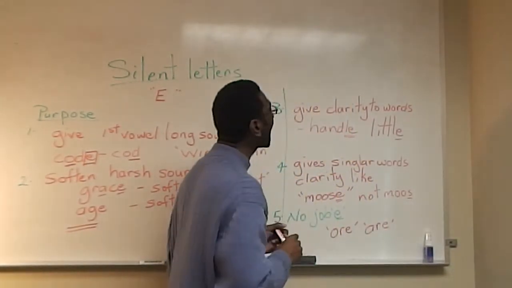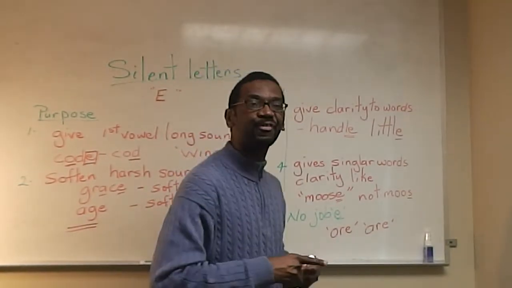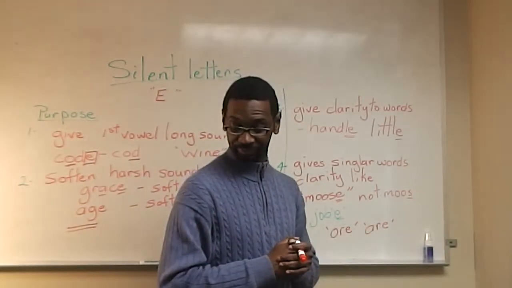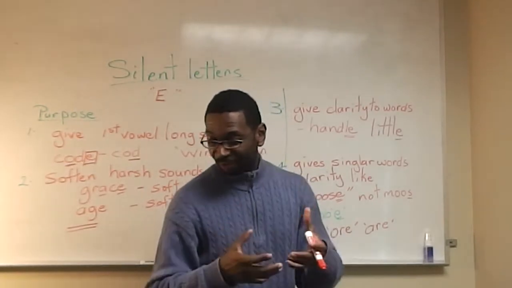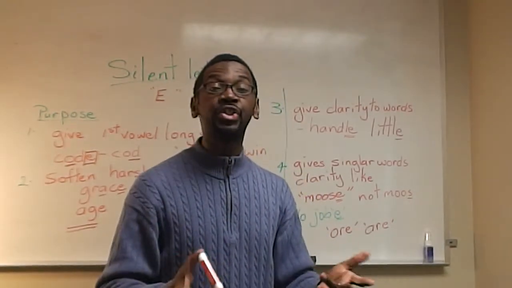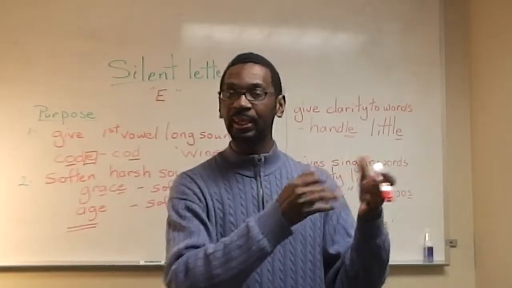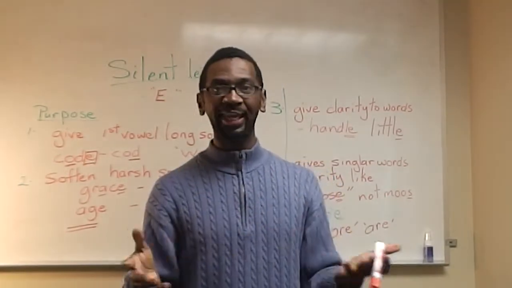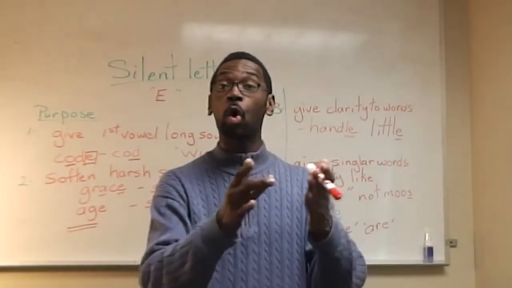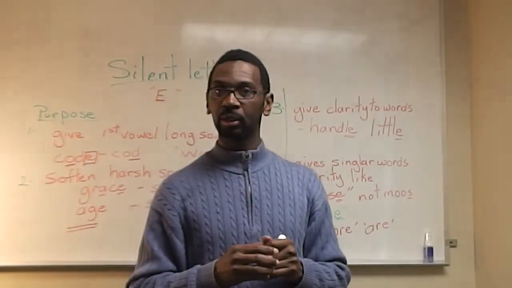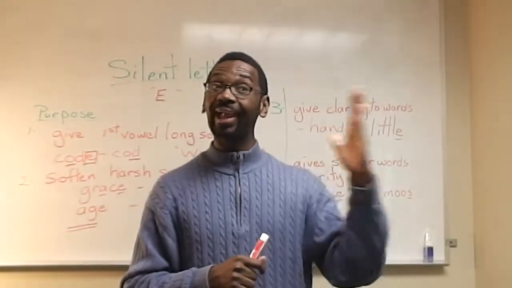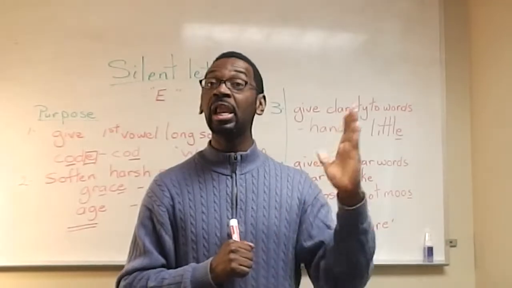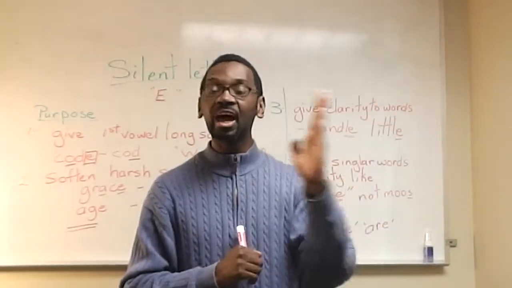Another reason for the silent E is to clarify words. Now, English words do not end with V and U, like the word love, L-O-V-E. You only sound L-O-V. Love.